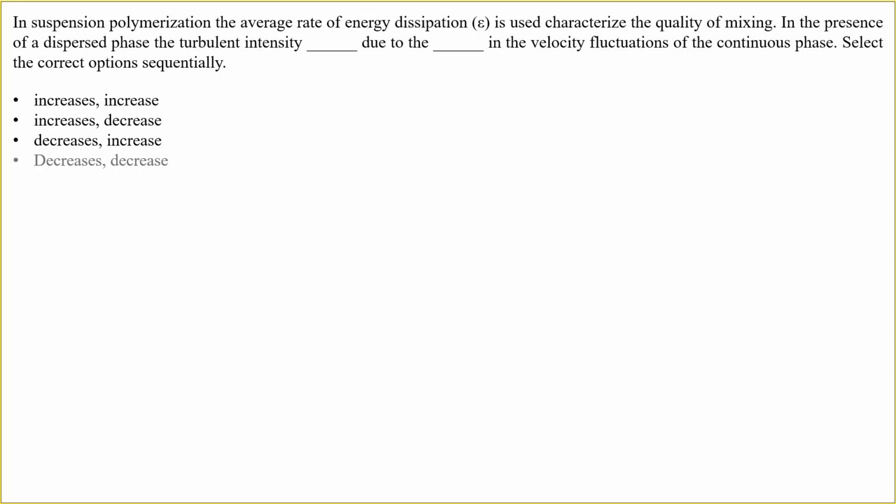Since there are fluctuations in the velocity of the continuous phase, in the dispersed phase the turbulent intensity decreases due to the decrease in the velocity fluctuations of the particles. So both terms are decreasing. That's why the correct answer for this is the fourth option, that is, both of them decrease. In the presence of dispersed phase, the turbulent intensity decreases due to the decrease in velocity fluctuations of continuous phase.